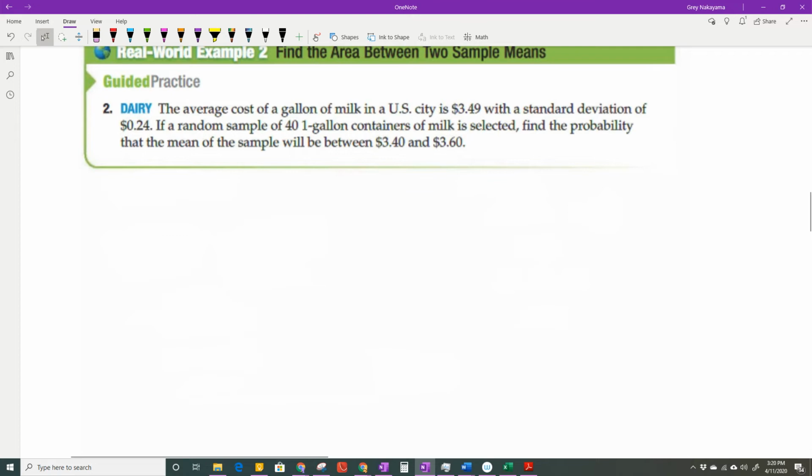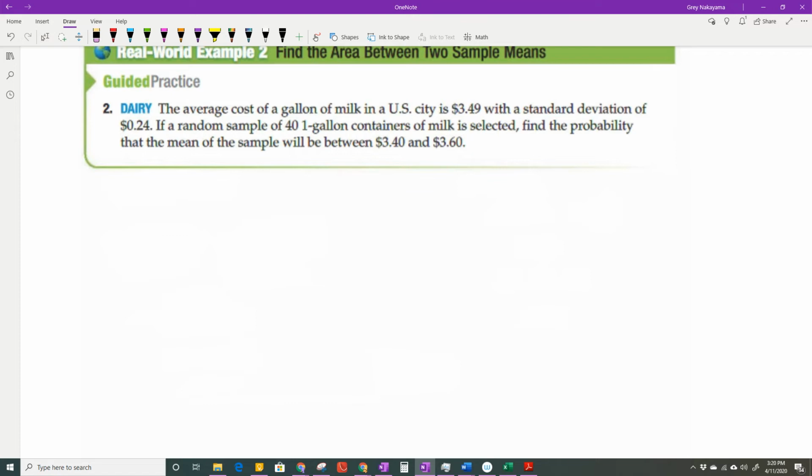Okay, so this says the average cost of a gallon of milk in a U.S. city is $3.49 with a standard deviation of 24 cents. If a random sample of 41 gallon containers of milk is selected, find the probability that the mean of the sample will be between 3.40 and 3.60.